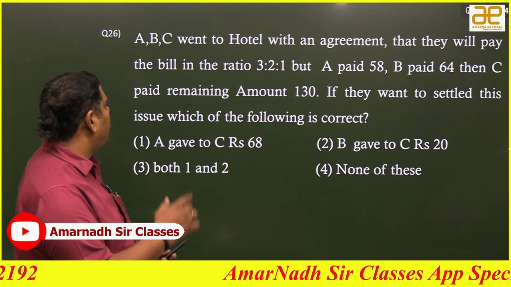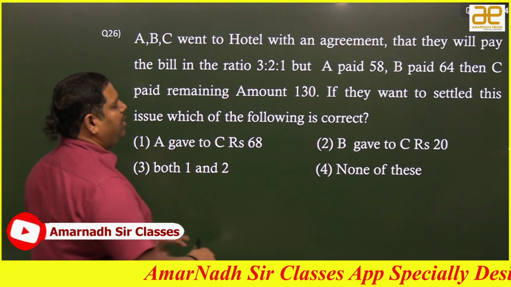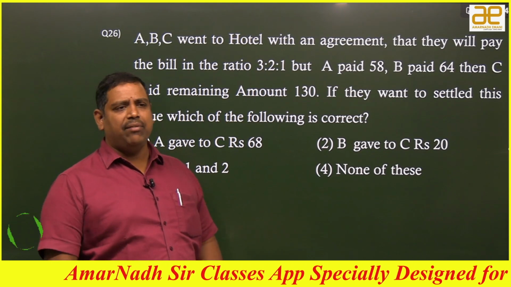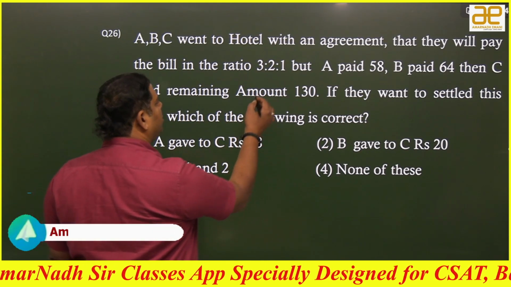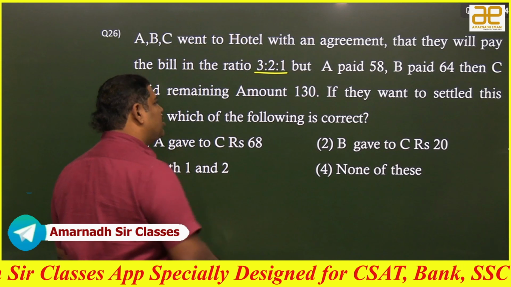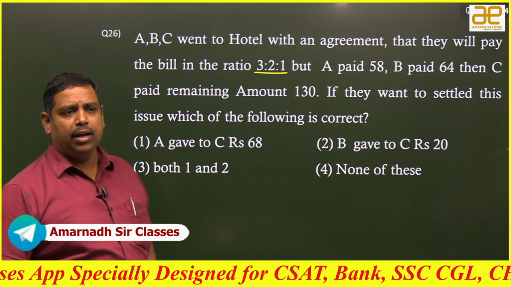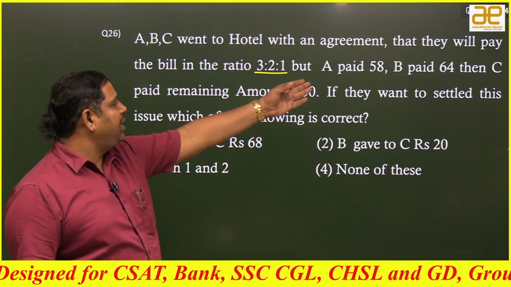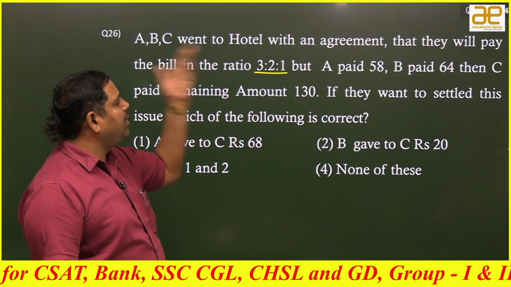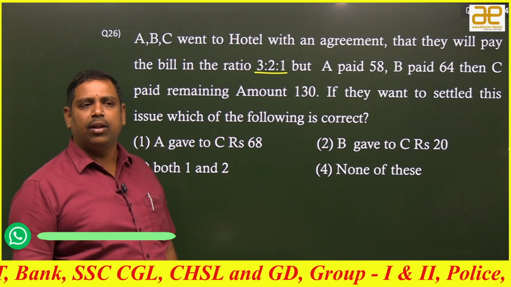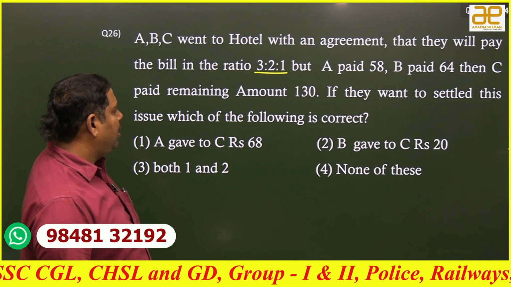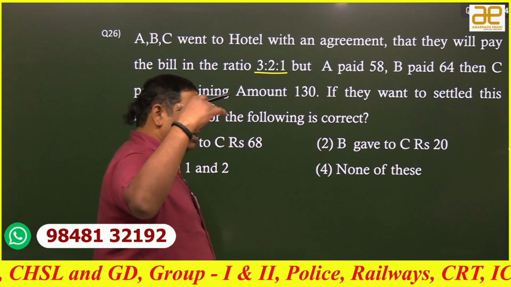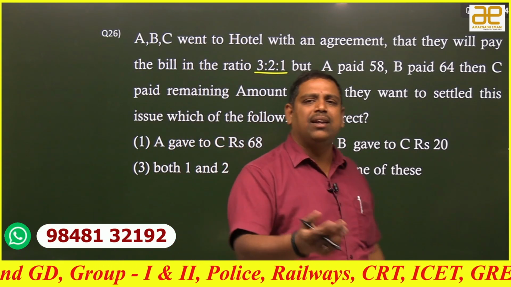Observe the small point. Here A, B, C, when they are going into the hotel, have an agreement. In which ratio do they have to distribute? 3:2:1 means who has to pay more? A. Who has to pay the least? C. But A paid 58, B 64, C 130, so this is a reversal. A has to spend more, but he spent less.